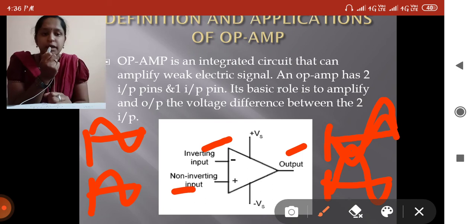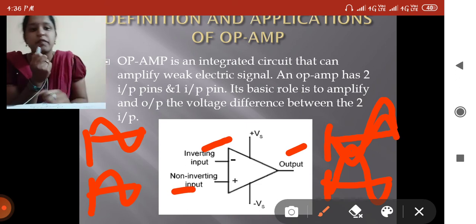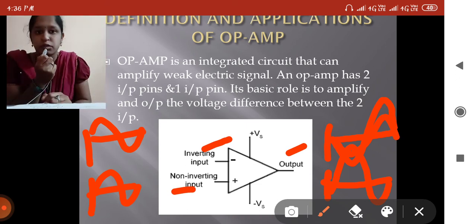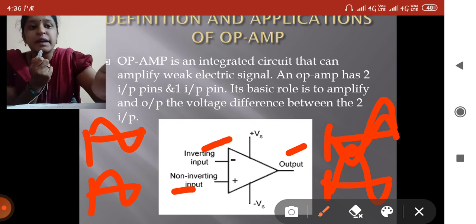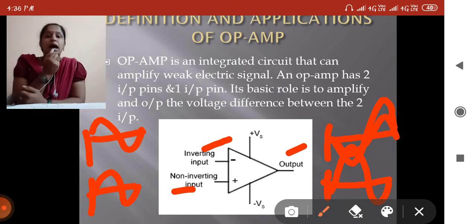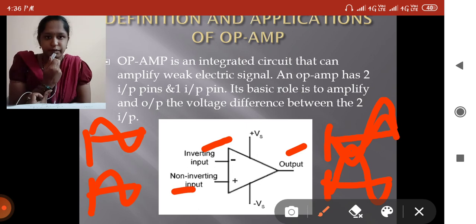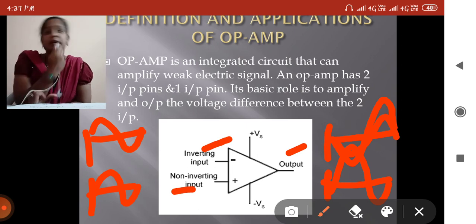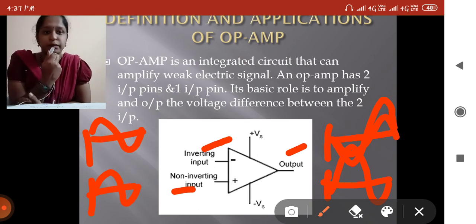The inverting one inverts the signal. If you are giving a sine wave, you can get a cosine wave. Plus Vs and minus Vs are the power supplies. The DC as well as AC you can connect.